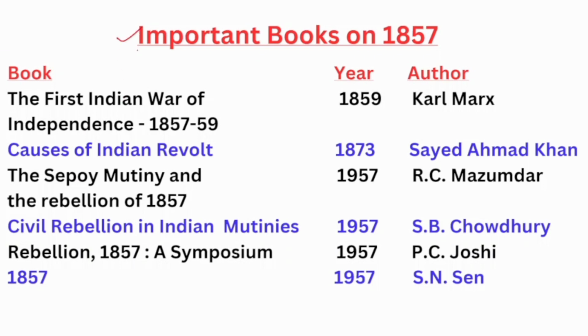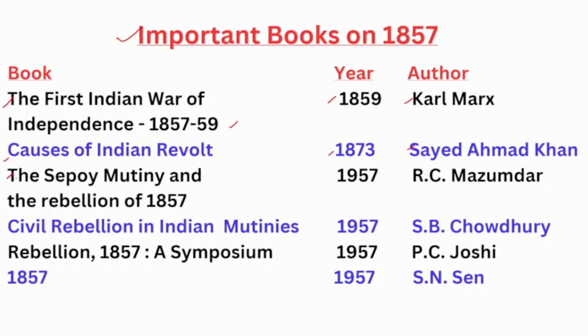Here some important books on 1857 are listed. The first Indian War of Independence 1857-59 was written in 1859 by Karl Marx. Causes of Indian Revolt written in 1873 by Syed Ahmad Khan.